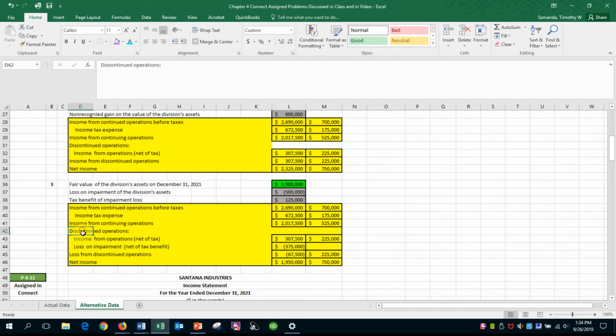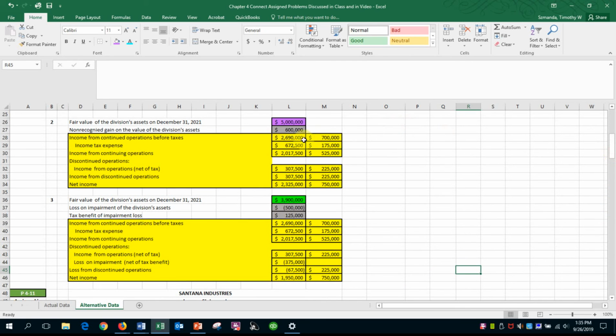Remember, in discontinued operations, unless they state otherwise, we will generally report these items net of tax. And in this case, for the loss, we have a tax benefit on the impairment. Okay, then just mathematically, we carry down the numbers. One thing to note on part 2 and 3 is that in the first part of this, of the income from continuing operations, there's no changes.